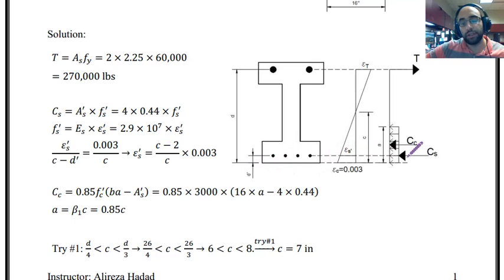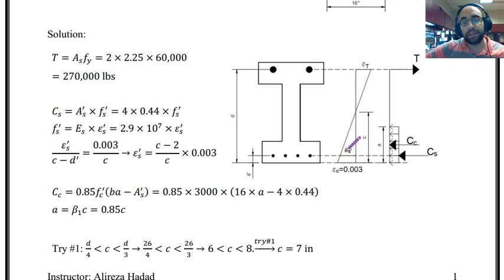level of compression reinforcement. Based on the strain distribution that we have, we can see this is the portion that we are going to focus on for the compression region. And in this region, you can see we have 2 triangles. One, the smaller one over here, and the other one is the larger one over here. For these triangles, I can write the similar triangle ratios.